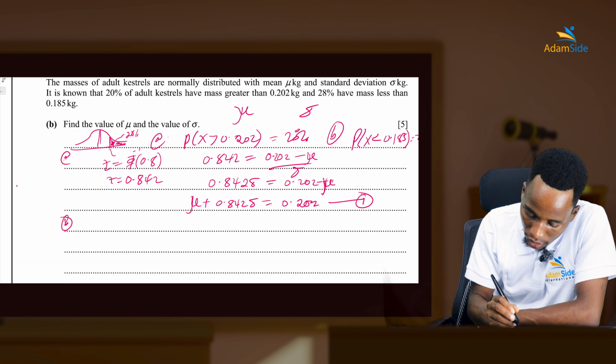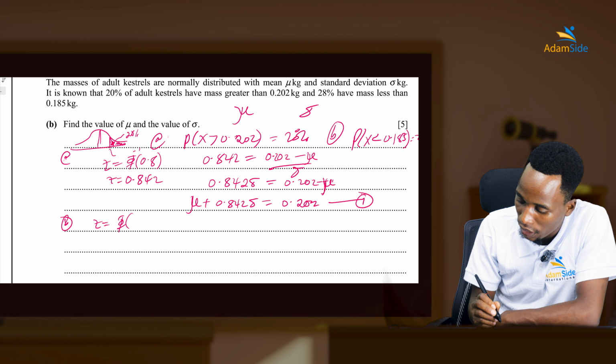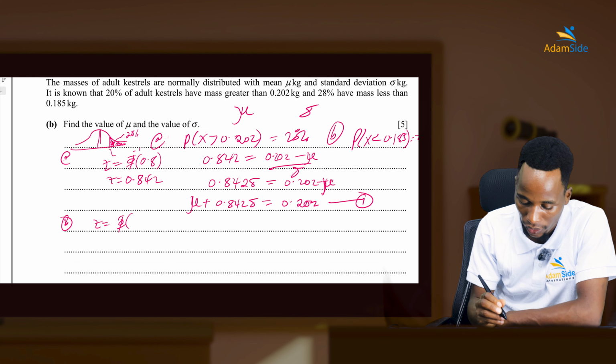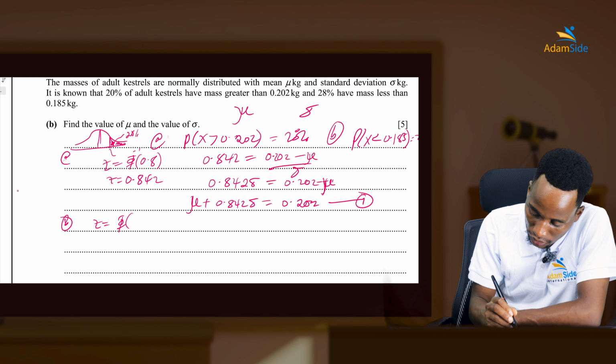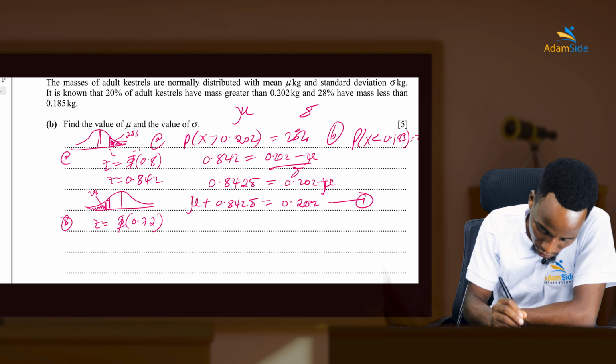For case B, Z equals, we are supposed to get the inverse. For 28% also we cannot find it inside, so we take it away from 100%, so it's 0.72. If we draw this way and it's less than, we start shading this way. 28% cannot exceed the mean, so it's here.